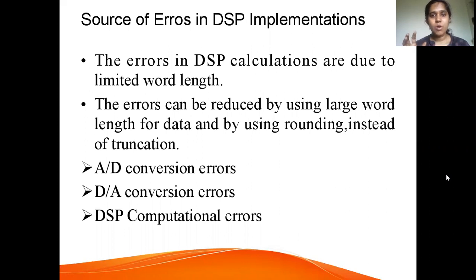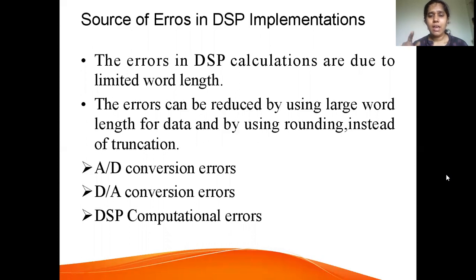While we have discussed the digital signal processor block diagram, the first front end block of the DSP processor is the A to D converter, and in that itself we have a sampling and hold process. After converting the analog signal into a digital signal, we give that to the DSP processor. That is the second block, and then we give the output of the DSP processor as an input to a D2A converter, which converts this digital signal back to an analog signal.